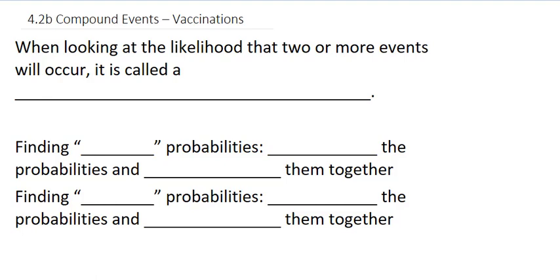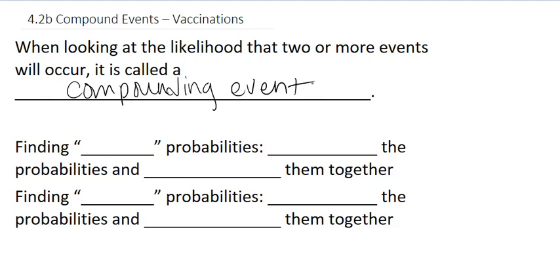Compound events. When looking at the likelihood that two or more events will occur, it's called a compound event. Compound events are distinguished by "or" and "and" language.